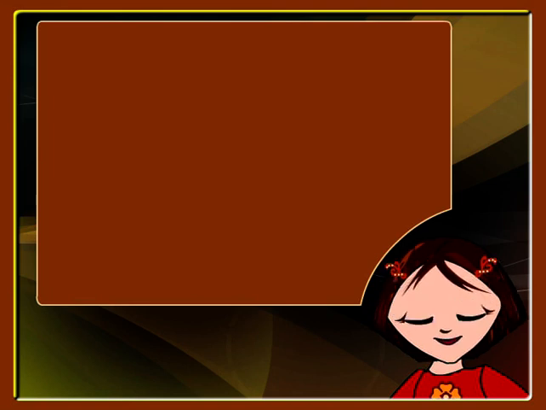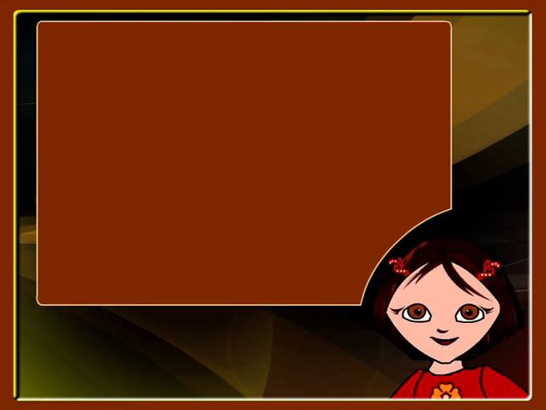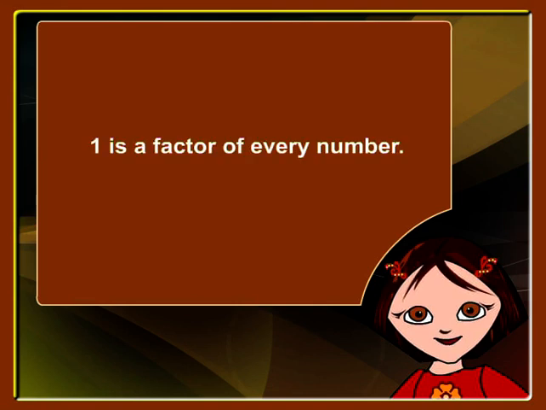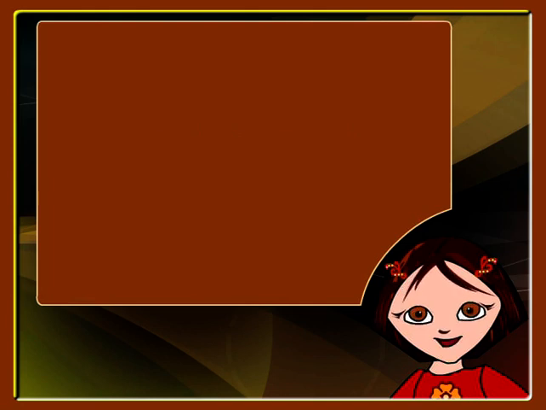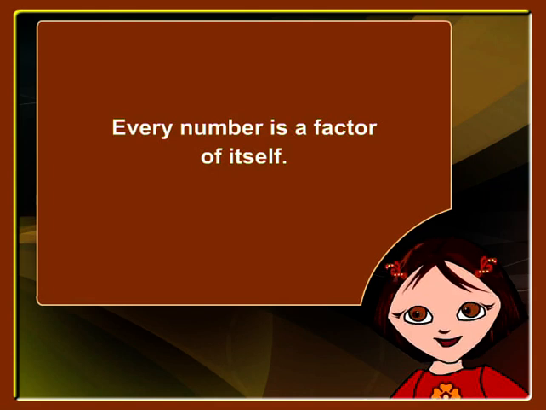I did. For example, 1 is a factor of every number. You saw that in all the examples we discussed. Every number is a factor of itself. You saw this for 6, 12 and 21.